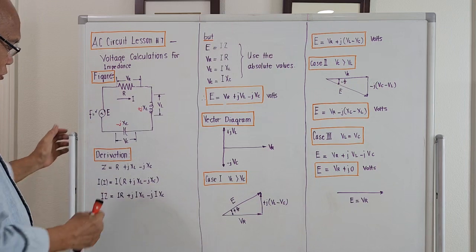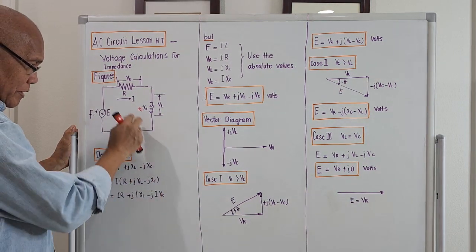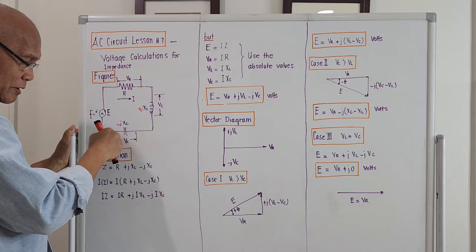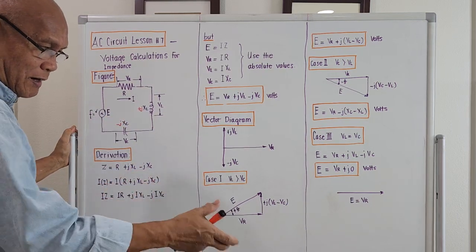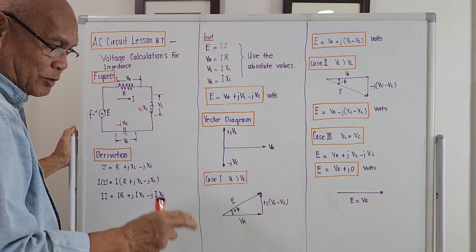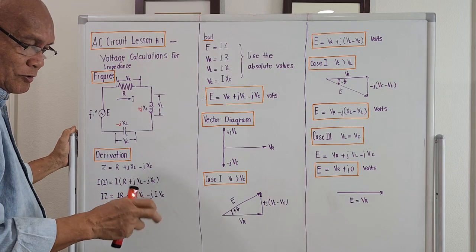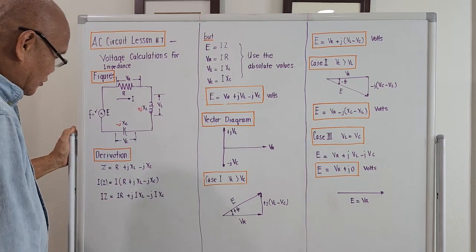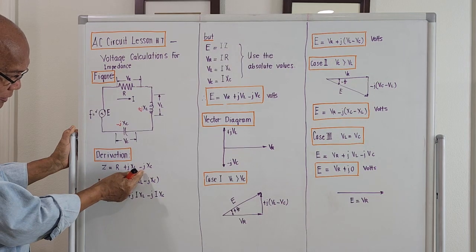So we derive this equation by taking the total impedance of the circuit, considering that there are some parameters which are real and there are parameters which are imaginary. So we must place the proper designation. So Z is actually R plus jX sub L minus jX sub C.